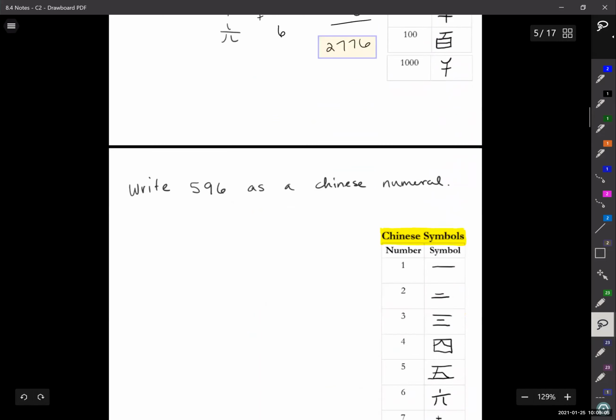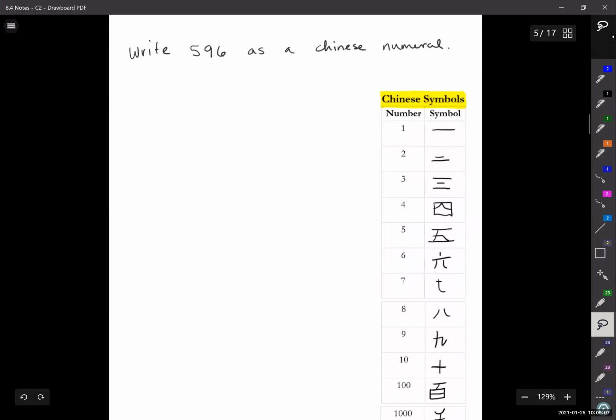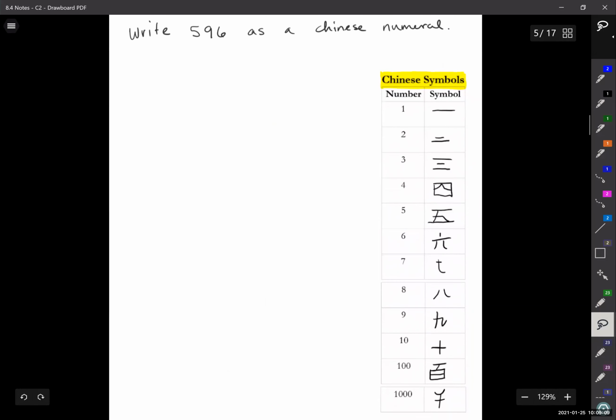Now we should be able to go the other direction as well. So Phil can write out the Chinese numeral for 596.